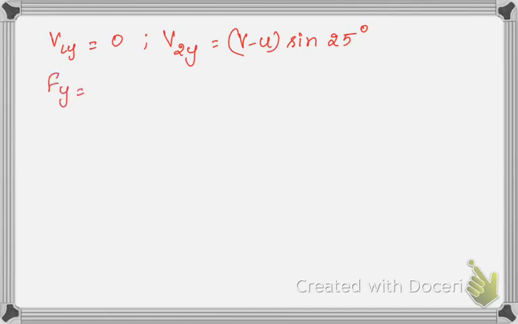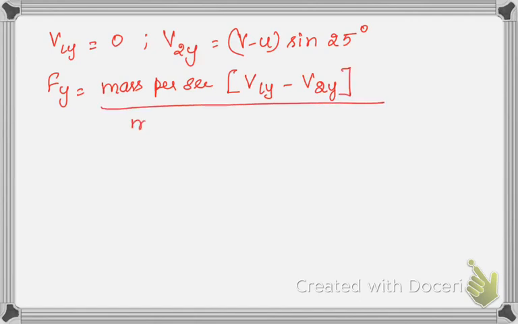Now we have to calculate similarly the V1y. As I have mentioned earlier, there is no water flowing in the y direction. Next we have to calculate my V2y, which is nothing but V minus U into sine 25. Now Fy is equal to the same formula, mass per second into initial velocity minus final velocity, V1y minus V2y. This is a general formula.